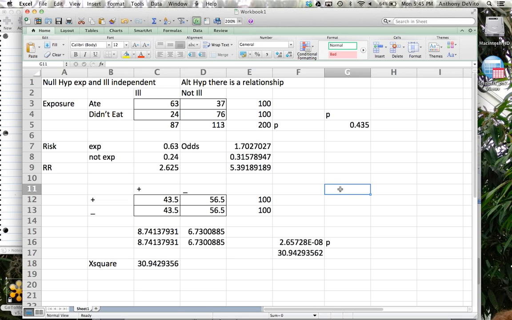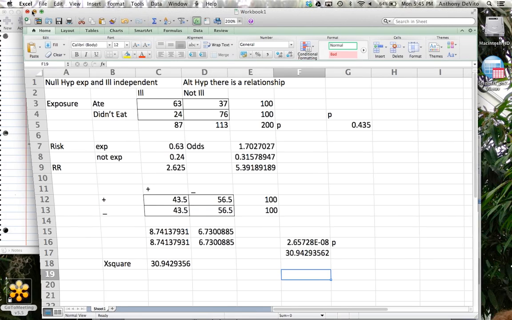Except with the chi-square value, we didn't look at odds. We didn't look at the confidence interval. We got a statistic for chi-square. We looked up on the table whether that statistic was significantly large that we could reject the null hypothesis, and as it turned out, it was. Okay, so that's how we would deal with that second one.